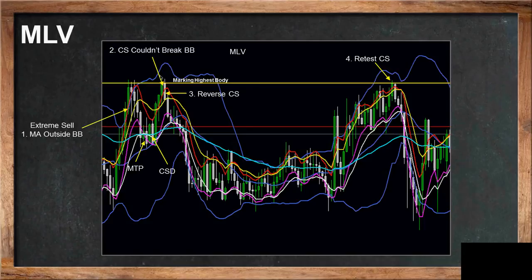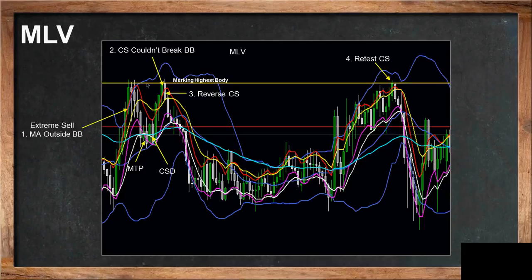So it's very important that every time you have a marking highest body, you do not delete that, because it will give you an indication if there is a retest candle for MLV. That's why most of the traders out there always tell you to look left, because history will always give you an indication of where the market is going to go.